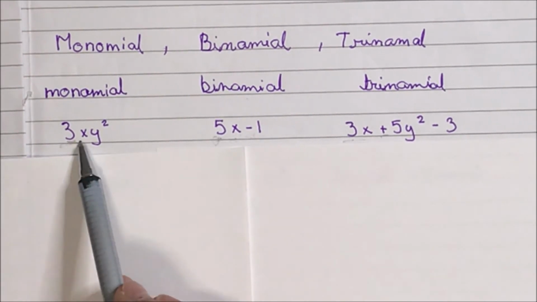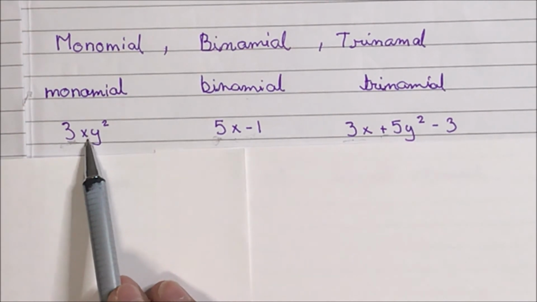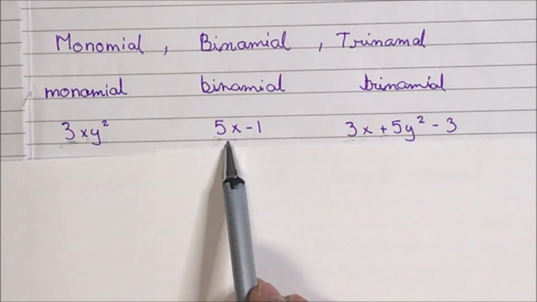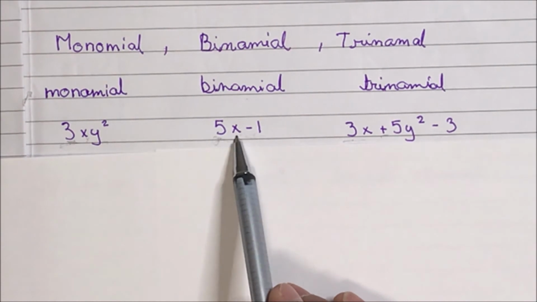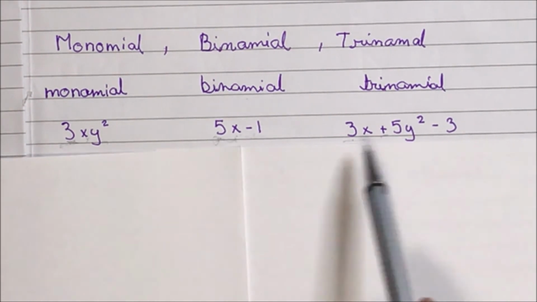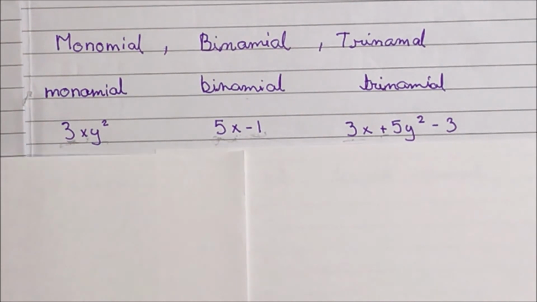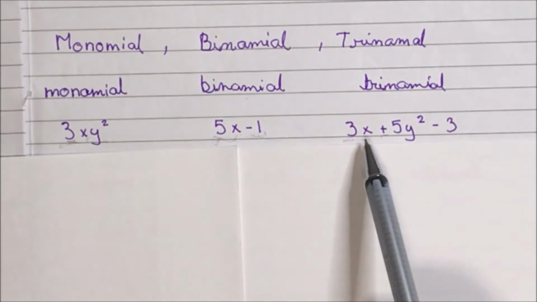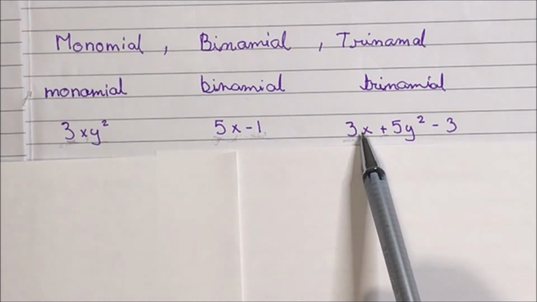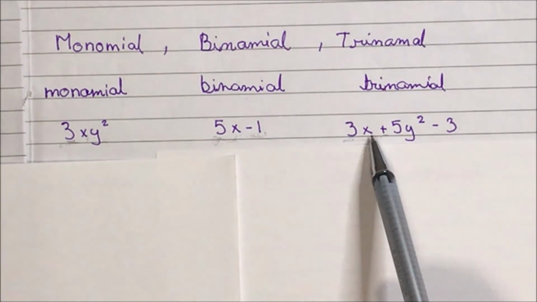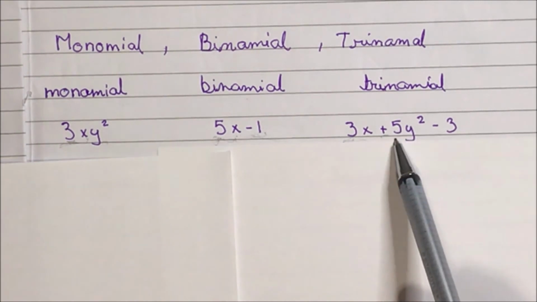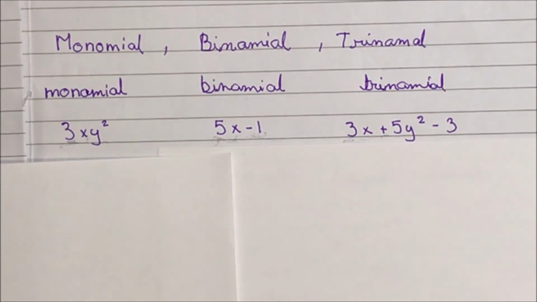The 3 is a coefficient because it's with a variable x and y. 5 is a coefficient because it's with the variable x. This is not a coefficient, this is a constant. It's just a number all on its own. This is a coefficient. 3 times x, it's with an x, and the 5 is also a coefficient, it's with a y.